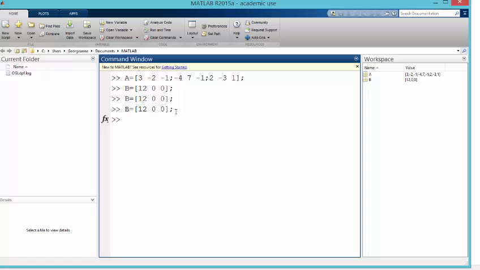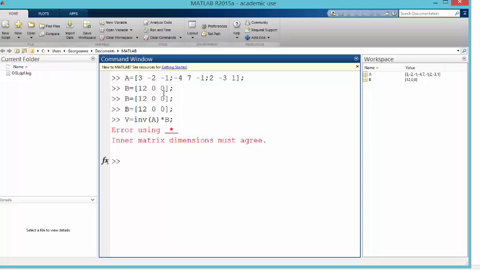So I have B, and I want to solve for V, the vector V of voltages. So I say vector equals inverse A times B, and I solve for it. Oops. Where did I mess up? A 3 by 3, and B is a 12. Oh, okay.